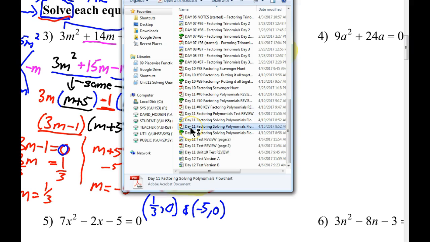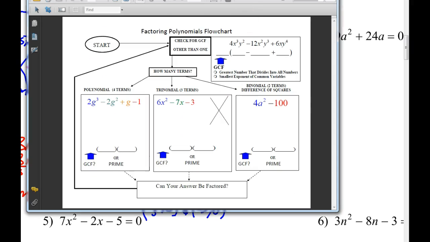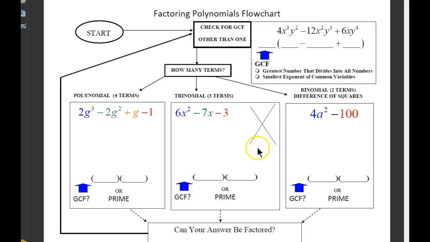Yeah, they're pulling this out because knowing this makes a big difference on how to solve all of these. If you know this really well, you know what to do first, what to do second. If there's only two terms, what do you do? But if you're not following this, it's very difficult to know how to start. So it's all based upon, like I said before spring break, this test makes a big difference on how much you know for the rest of the year.